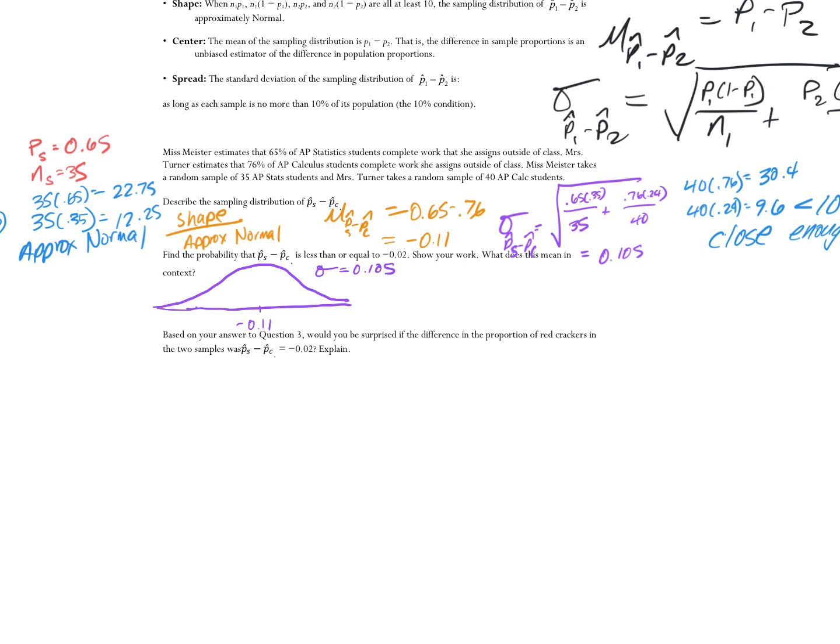Where would that negative 0.02 be? Would it be to the right or to the left of that negative 0.11? To the right, because negative numbers count backwards. So we've got to be really careful now that negatives are in the realm of our existence, right? Okay.